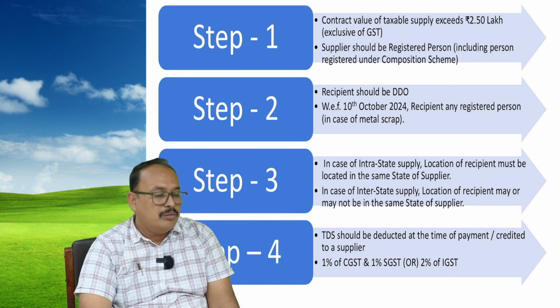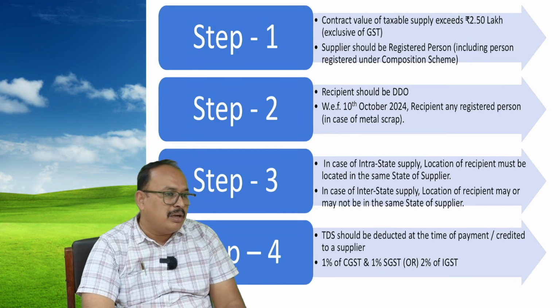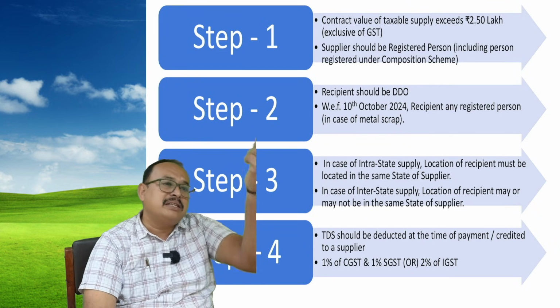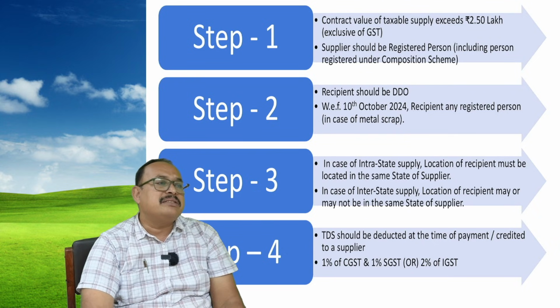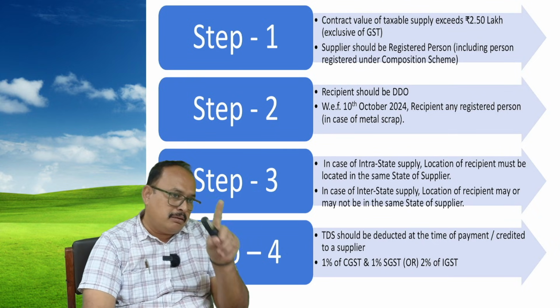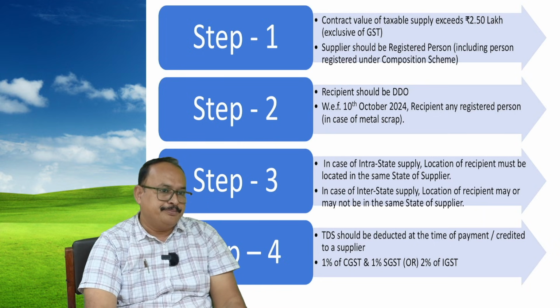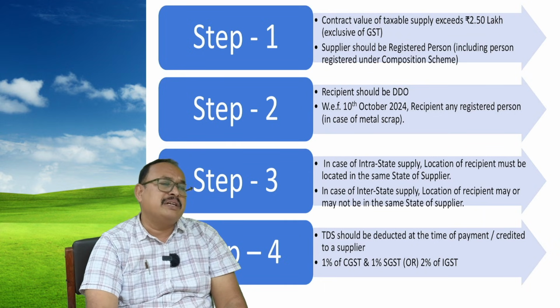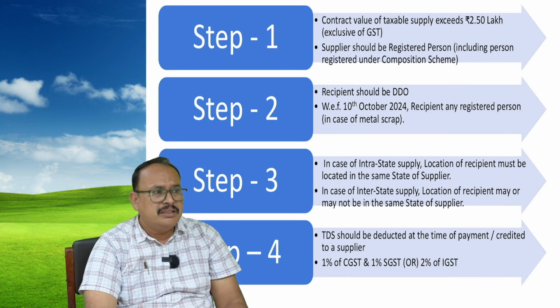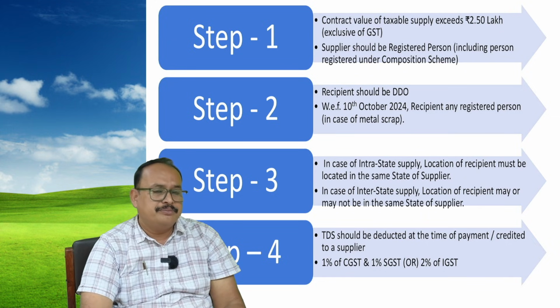If it is intrastate supply and the recipient is in another state, TDS is not applicable. Be careful: the location of the recipient should be in the same state as the supplier. Why?